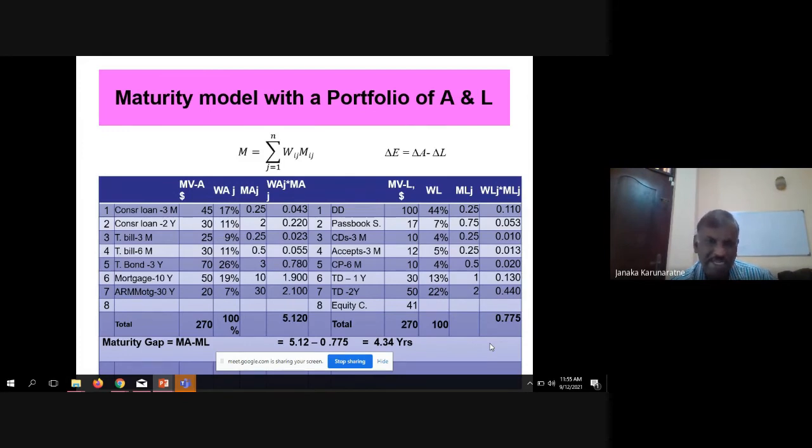Now, this is just an example of maturity gap. Okay, so we have 7 assets and 7 liabilities, a very simple balance sheet. Here we have given the market value of each asset and the weight and the maturity.